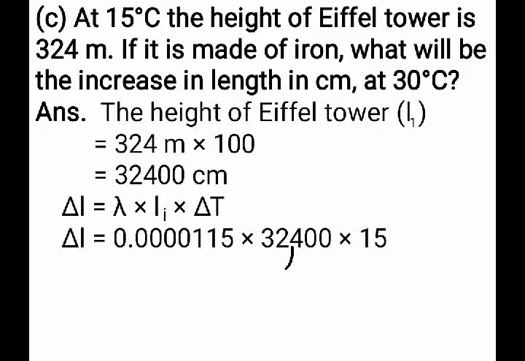After multiplying 0.0000115 into 32,400 into 15, you are getting the answer 5.589. And after the decimal point, if you have a number greater than 5, plus 1 will be added to the previous digit. So it becomes 5.6 centimeter.